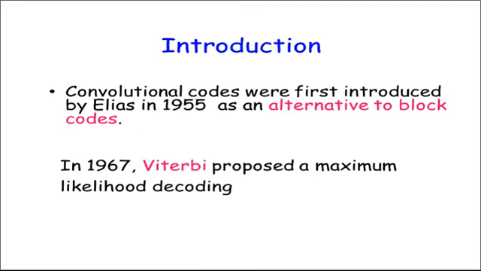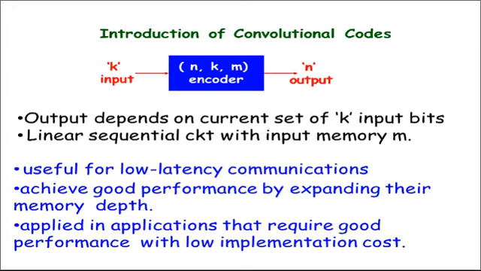Now let's look at the format of the convolutional code encoder, we can say the circuit. This is a format for the convolutional code where k input bits will be taken and, based on the number of memory elements, n will be the output bits.